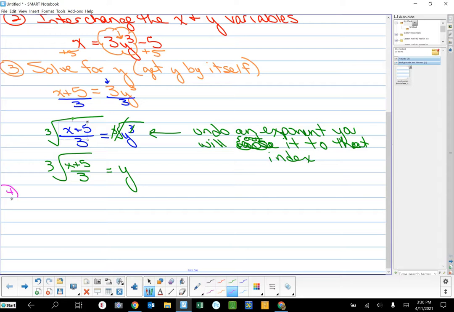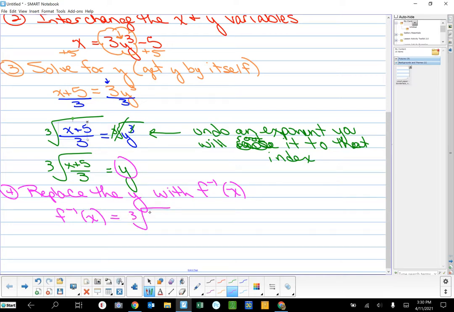So step 4, once y is by itself, replace the y with f to the minus 1 of x. So I'm going to take this guy and replace it. Cube root of x plus 5 over 3. And this is your answer.